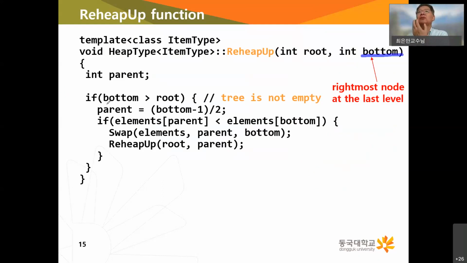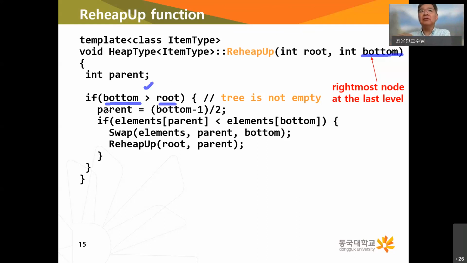So first, you have to compare the bottom and root. 이거는 계속 리커시브 콜을 한 다음에 바텀이 계속 2분의 1씩 위로 올라가거든요. 그러니까 결국 바텀이 루트까지 가면 그때는 끝나요. 그러니까 여기 바텀하고 루트 체크하는 거는 베이스 컨디션을 체크하는 건데, 밑에서부터 계속 올라오니까 the index will be decreased by divided by 2, right?